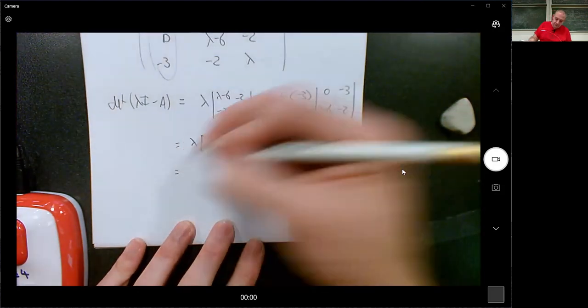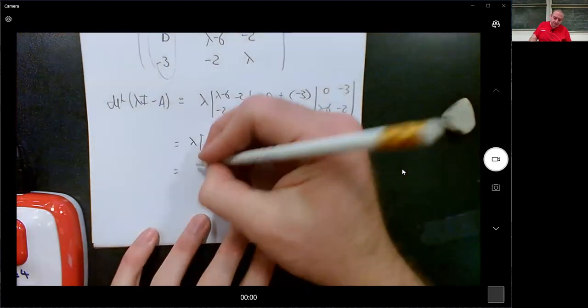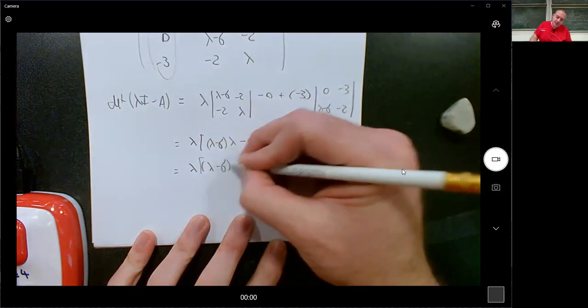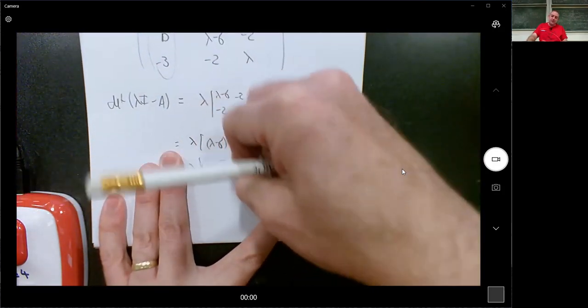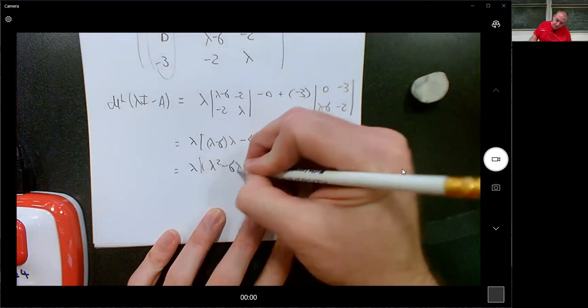All right, so I don't like it. You say just make it into a cubic as if that's an easy thing to deal with after it's a cubic. Lambda squared minus 6 lambda minus 4.